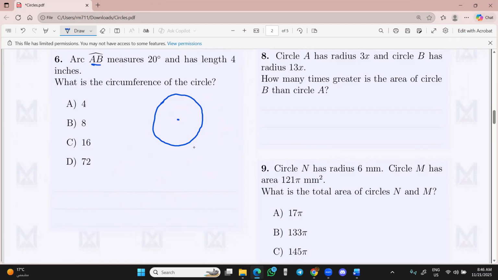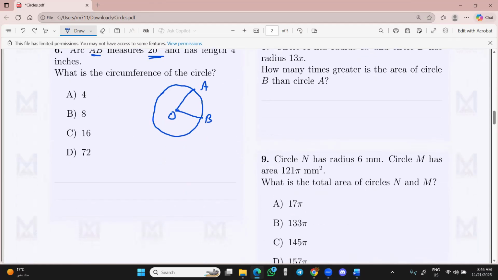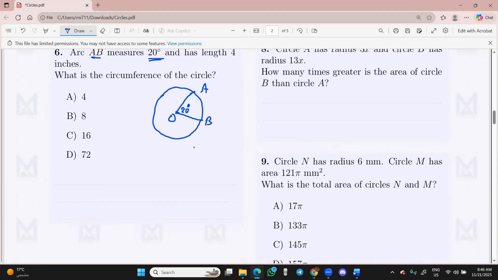We can write an arc like here A, and this point B. And when I say that the measure is 20, don't write 20 here, because this should be written inside the central angle like this. We can name it O as the center of the circle. And when it comes to the measure of the angle, it should be written inside this circle like this, 20 degrees.